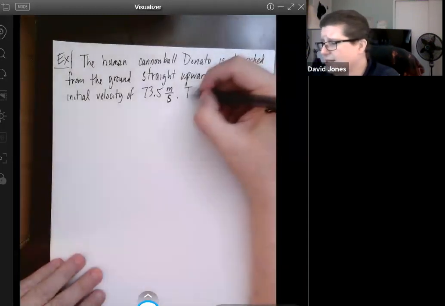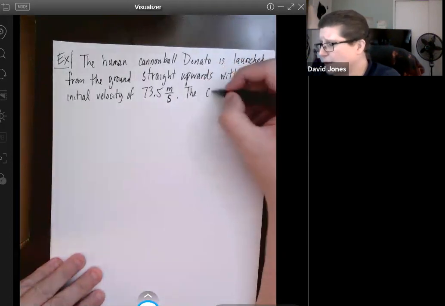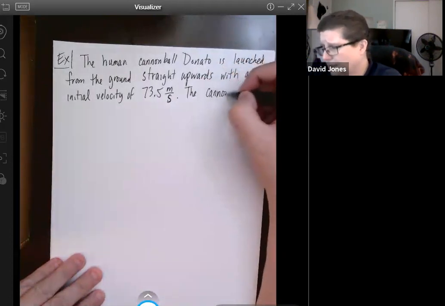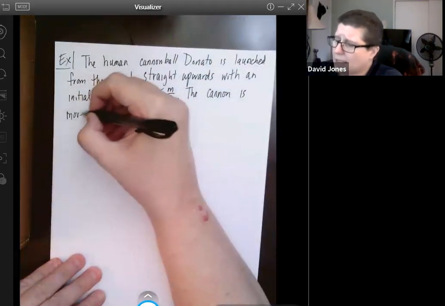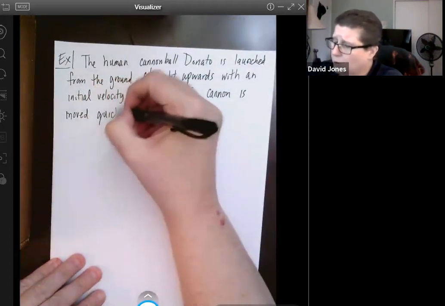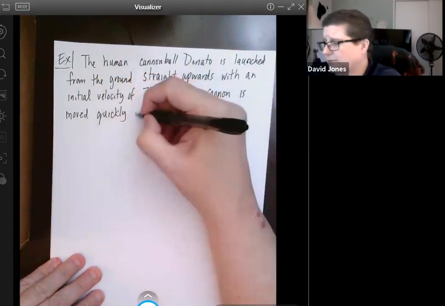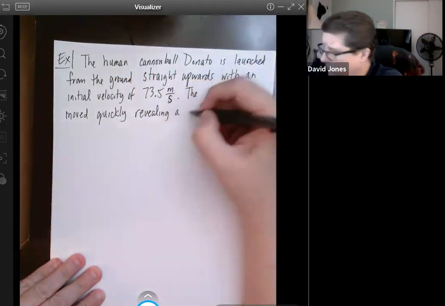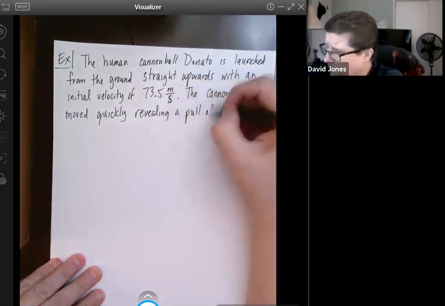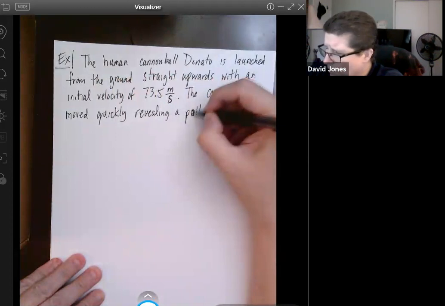The cannon is quickly removed and replaced with a pool of water. Cannon is moved quickly, revealing a pool of water underneath. Cool.